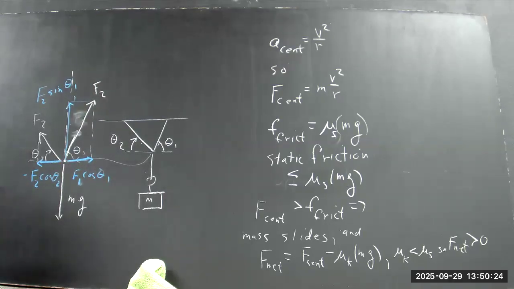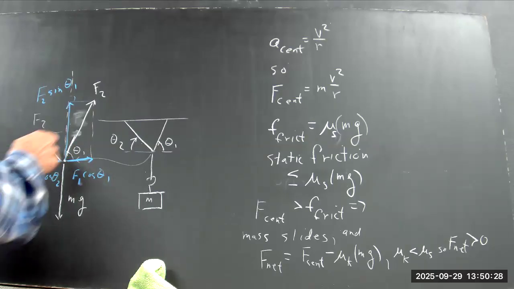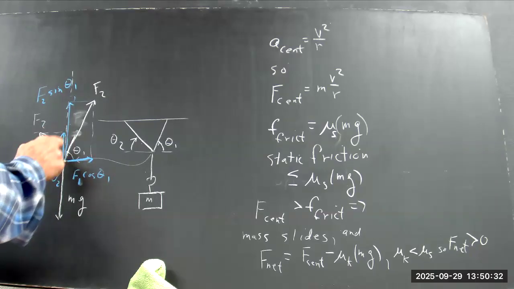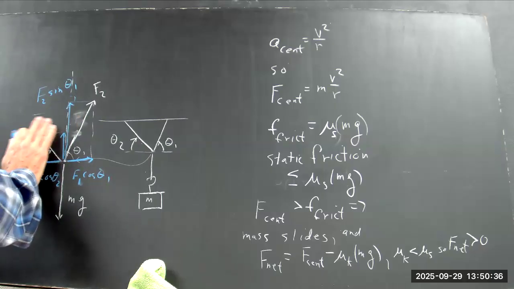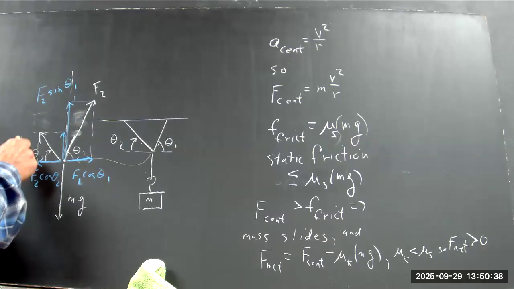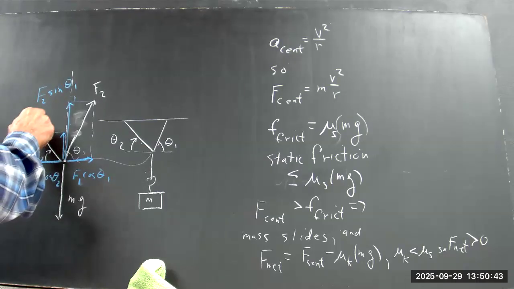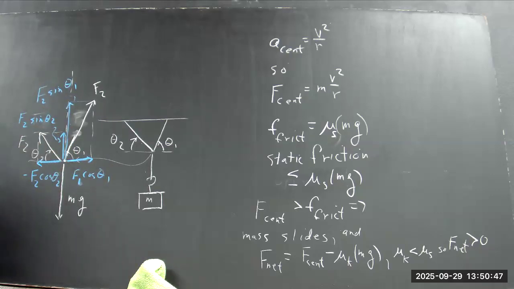It'd be F2 sine theta 1. And you project this one over, and you get F2 sine theta 2.